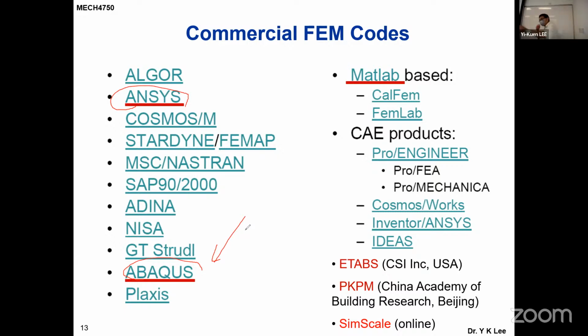But in other engineering fields they sometimes use different FEM software. For example, in building engineering and structural dynamics in civil engineering, they use ETABS, for designing buildings and bridges. In China, they use PKPM, developed by the China Academy of Building Research.